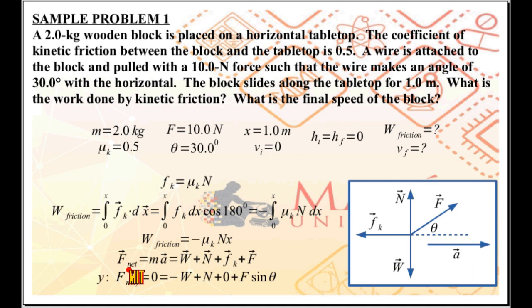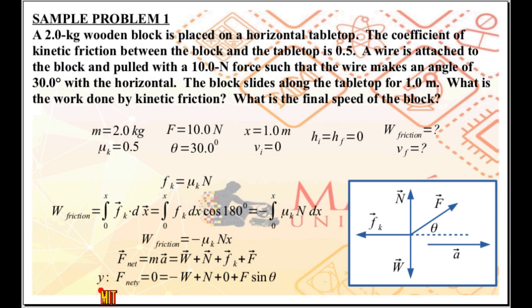Therefore, we set F net to ma. And F net is summation of all the forces acting on the system. So you have weight plus normal force plus kinetic friction plus applied force F. We are looking for normal force. Therefore, according to the diagram, normal force is vertical, so it's on the y-axis.